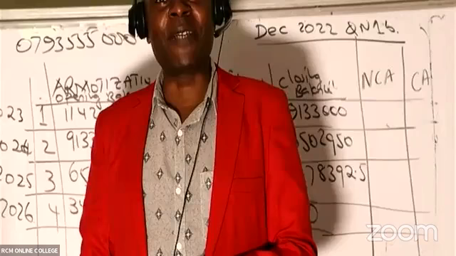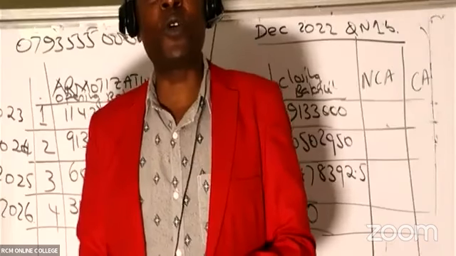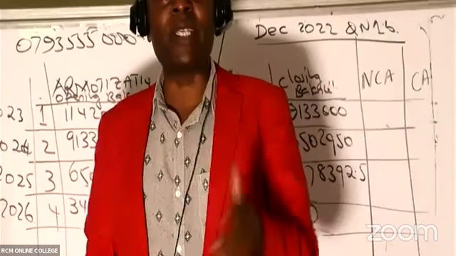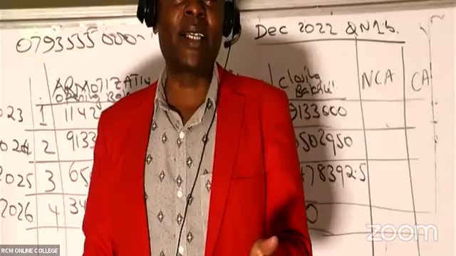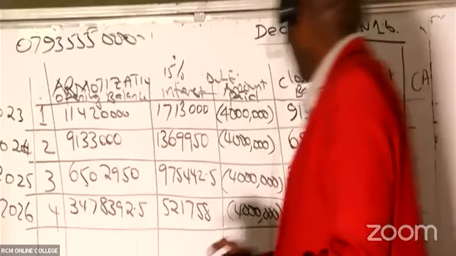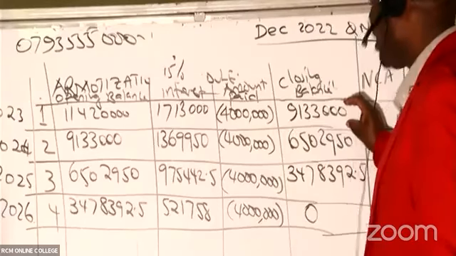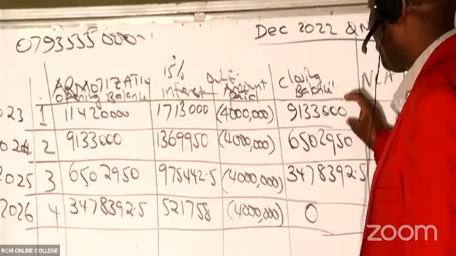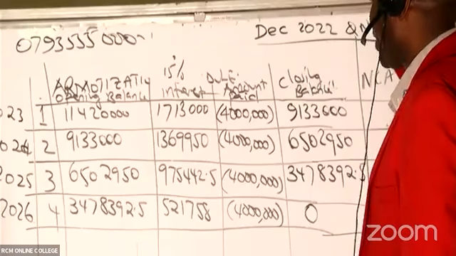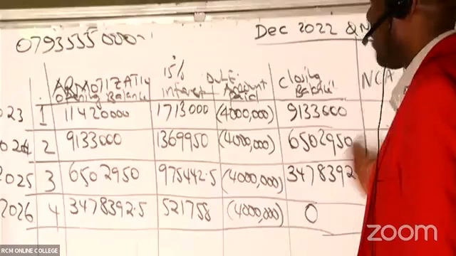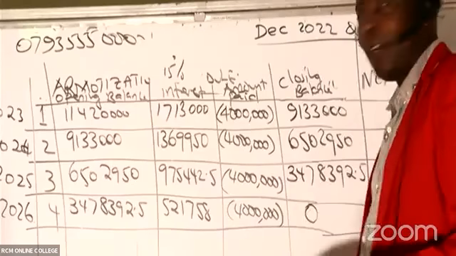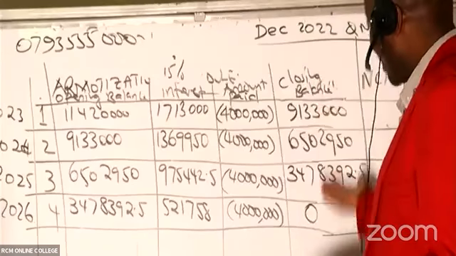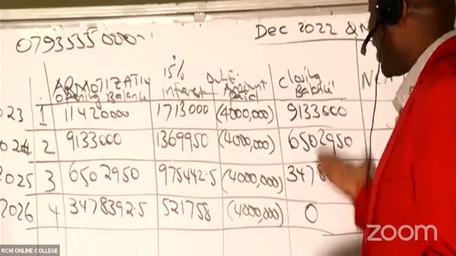Now, ladies and gentlemen, when we call something non-current, non-current means what? More than a year. So if, for example, we are here in year number 1, the future cash flows belong to what we call non-current, more than 1 year. So out of these assets, the very first asset I'll call non-current is this amount.